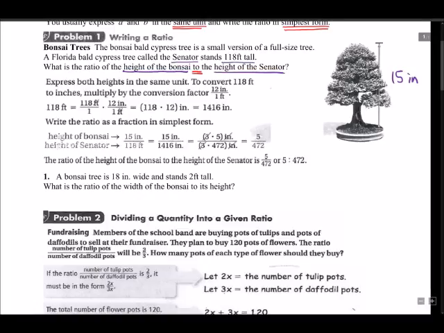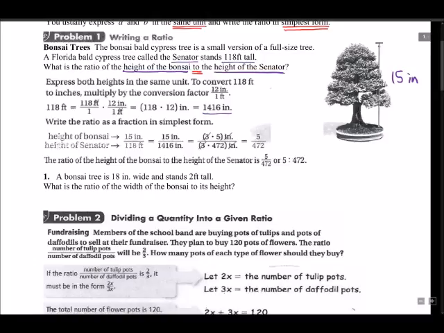So let's change our 118 feet into inches. We know that there are 12 inches in 1 foot, so we are going to multiply. We are going to a smaller unit, which means our number gets bigger. So if we multiply 118 by 12, we get 1,416 inches for the Senator.